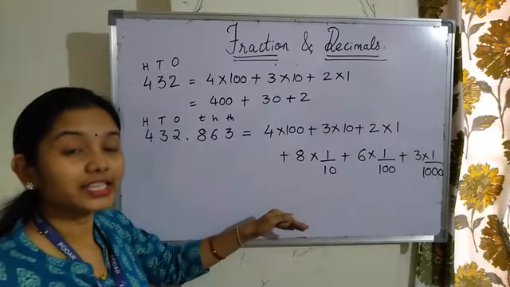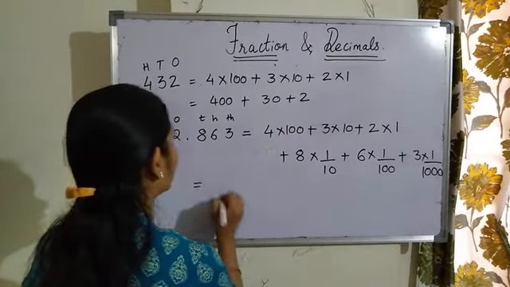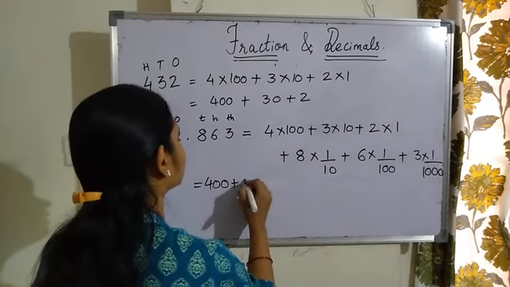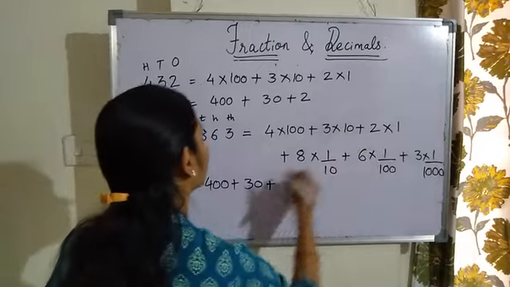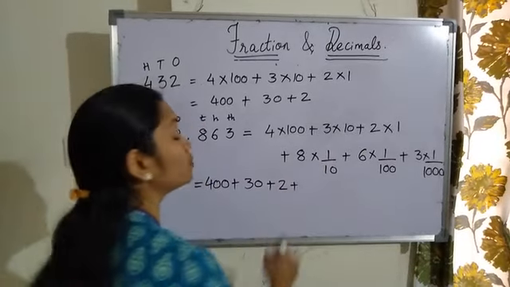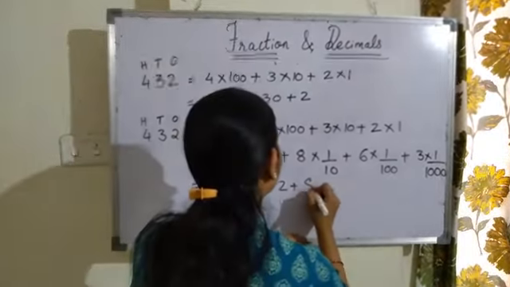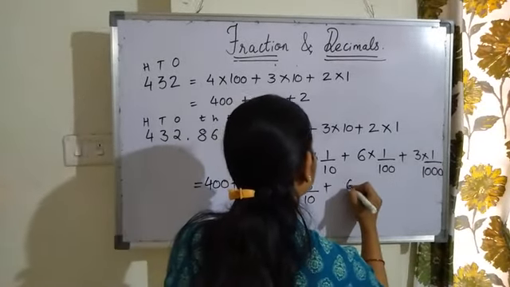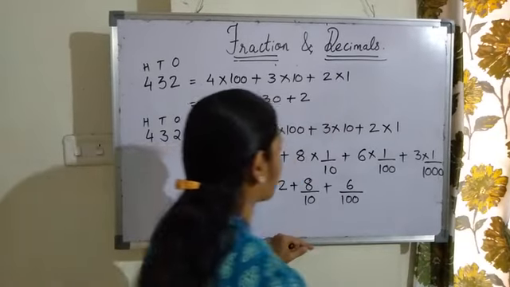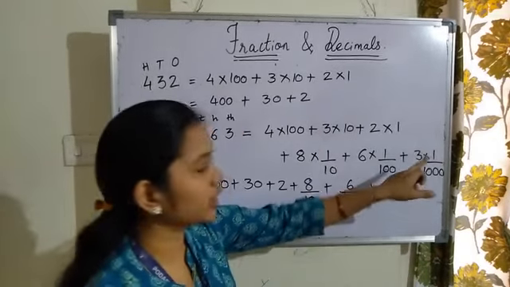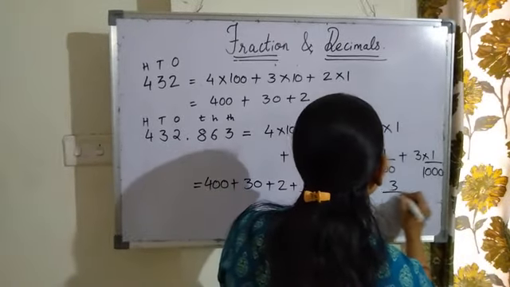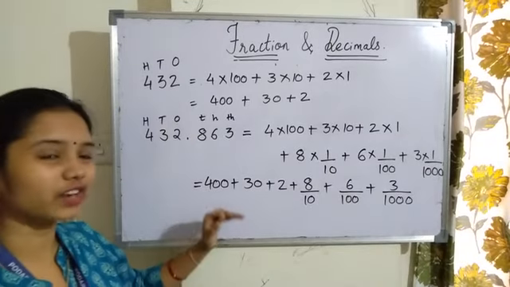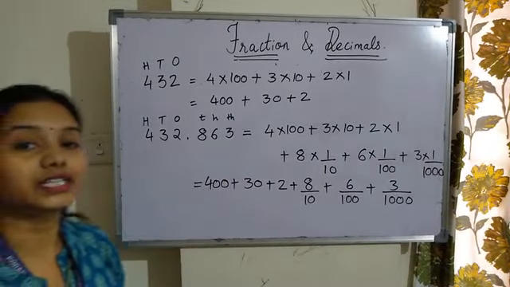We can write this in this manner also: 4 into 100 is 400, plus 3 into 10 is 30, plus 2 into 1 is 2, plus 8 into 1 by 10 is 8 by 10, plus 6 into 1 by 100 is 6 by 100, plus 3 into 1 by 1000 is 3 by 1000. So this is how we write the expanded form of a decimal number.